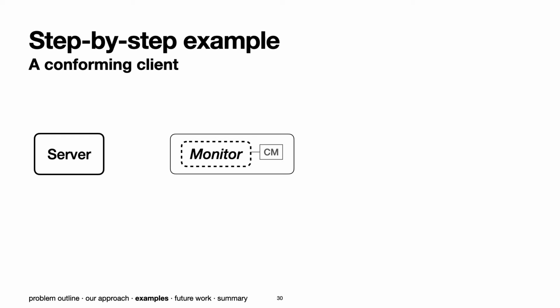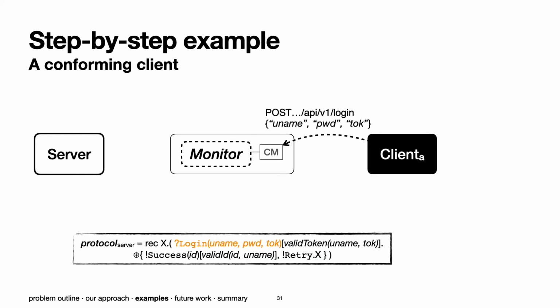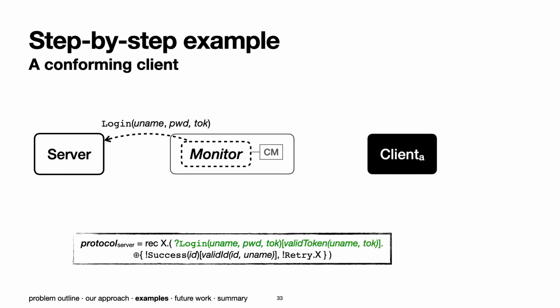Then a conforming client arrives. It sends an HTTP post login request, including the username, password, and the token. The monitor retrieves the translated message from the connection manager, and since it conforms with the protocol, the monitor extracts the contents and passes them to the function valid token, which in this case returns true. Therefore, the monitor forwards the request to the server.